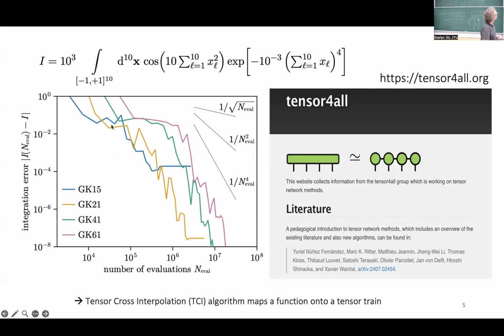And you see it goes down to 8 digits. Convergence is something like 1 over the number of evaluations to the power 4, which is pretty good. Remember that Monte Carlo is 1 over square root of n. So with Monte Carlo, if you add a factor 100, you get 1 digit. Here you add a factor 100, you get 8 more digits.